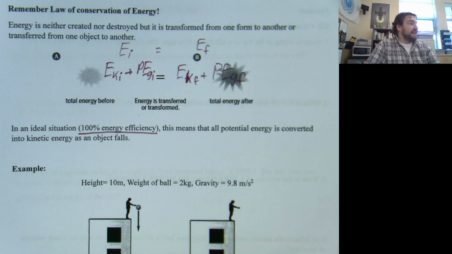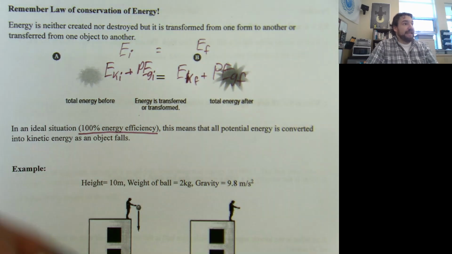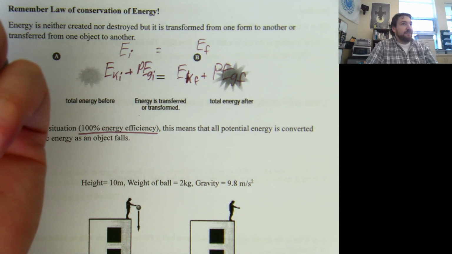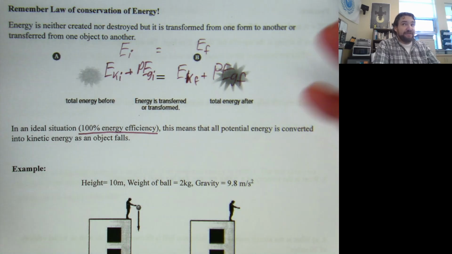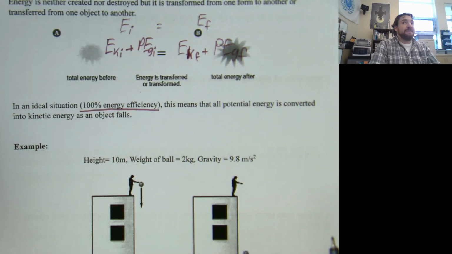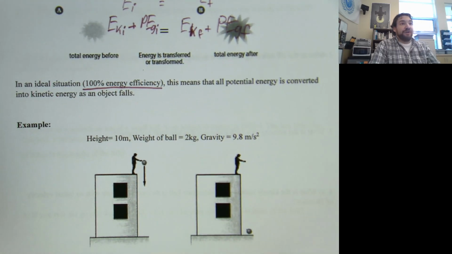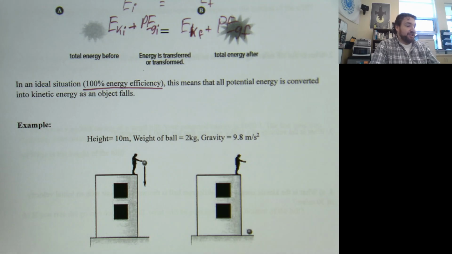If I take an object and I let it fall, will all of its potential energy turn into kinetic in the real world? No. Why not? Friction of the air is going to heat up the object. There will be energy lost to the generation of heat. For the sake of these questions, because that's mathematically difficult to do, we are going to ignore that portion of the problem.